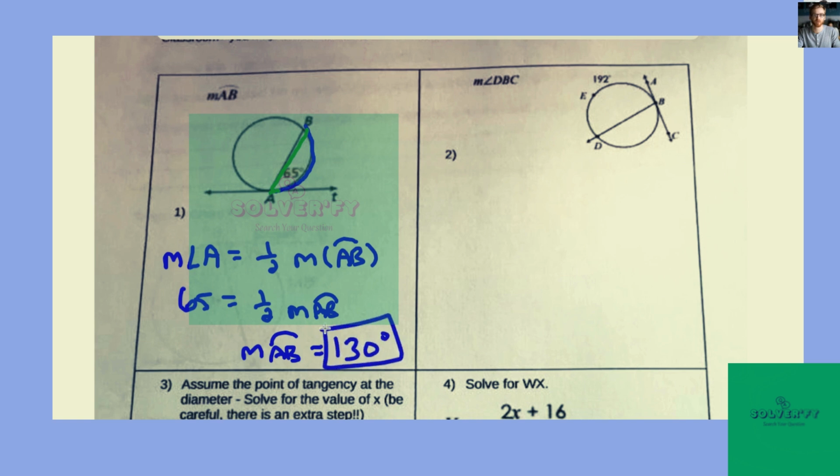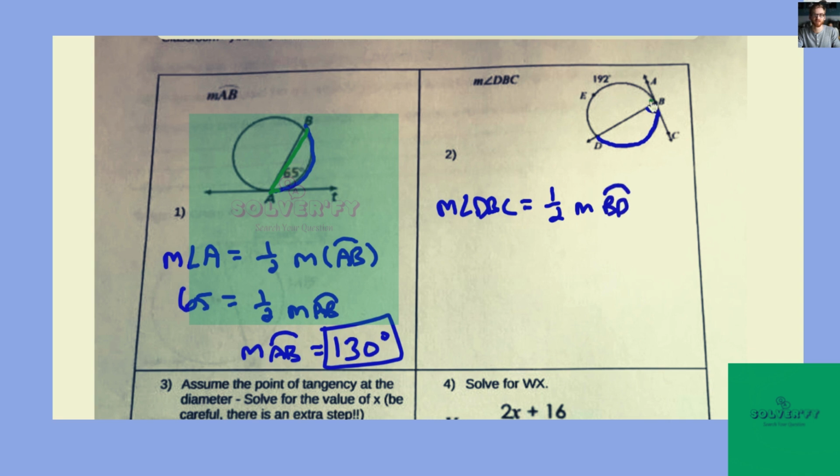In number 2, we want to find the measure of angle DBC. It would be equal to half of the measure of the arc that it intercepts, which would be the measure of arc BD.